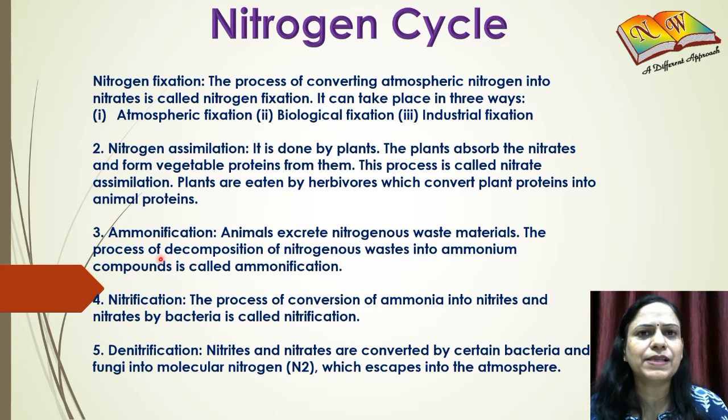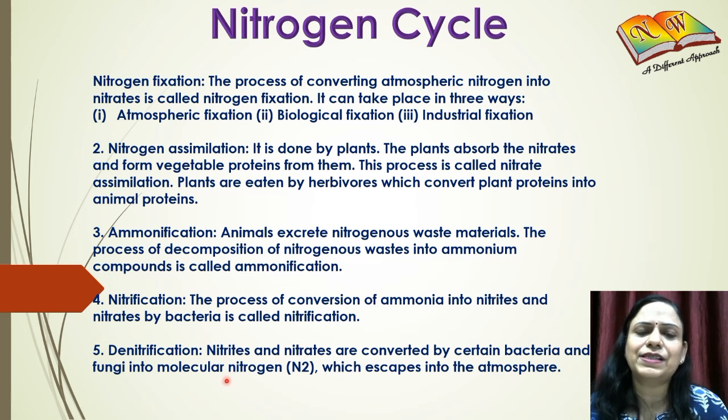The third step is ammonification, which involves the excretion of nitrogenous waste materials by animals and the decomposition of dead remains of plants and animals, which are then converted to ammonium compounds by certain microorganisms. The fourth step is nitrification, where the ammonia formed is then converted to nitrites and nitrates again by a different kind of bacteria which are present in the soil.